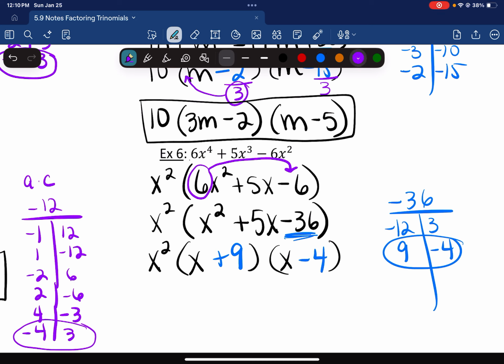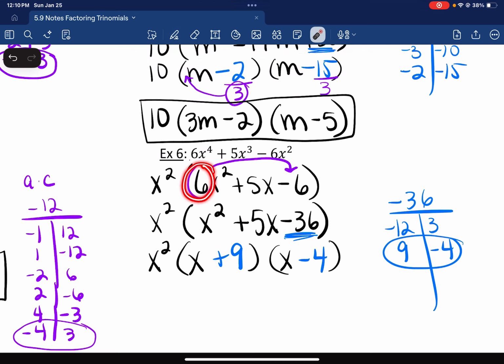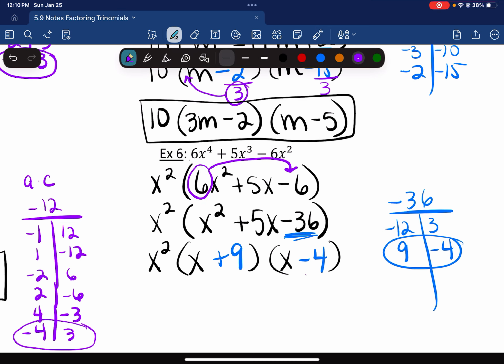Now let's go back and take care of the 6 that we slid to the back in the beginning. So we're going to divide both of those by the 6 and simplify. Well, 9 divided by 6 does reduce, but it doesn't simplify to an integer. So we have to write x squared times x plus 9 divided by 6 simplifies to 3/2.